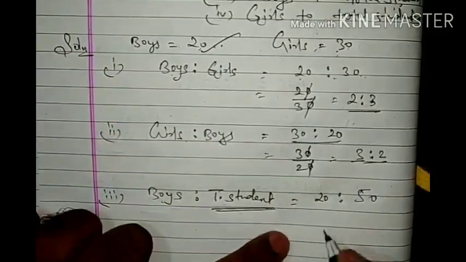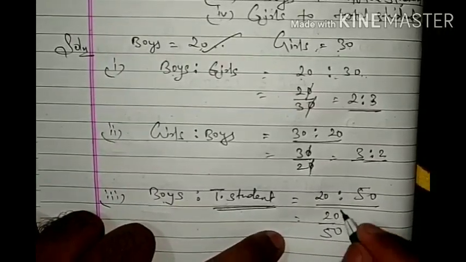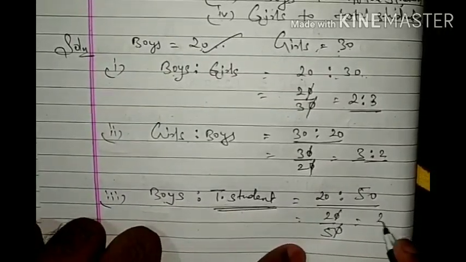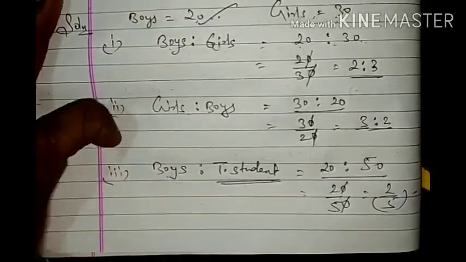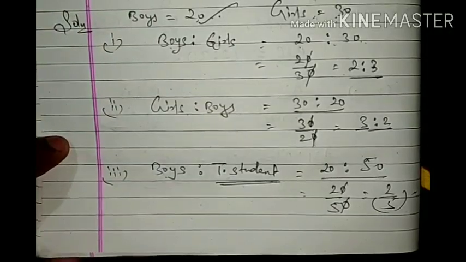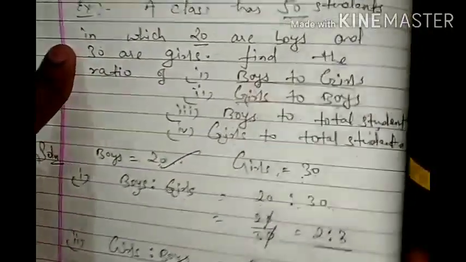So we can find the ratio. 20 ratio 50 will be equal to 20 by 50. 0 will cancel 0. What do we get? 2 by 5. I hope it is clear to everyone. Let's move on to the last question, that is girls to total students.